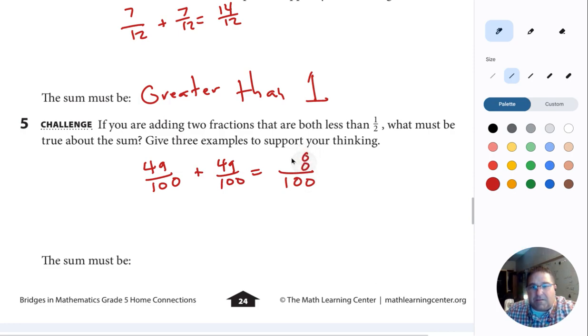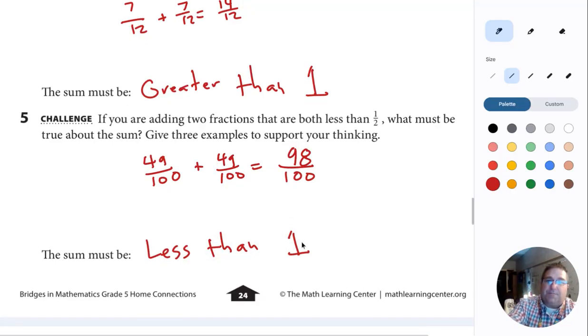Well, that's going to be 98 cents. So the sum must be less than 1. It can't quite be 1 because they're both less than 1. It can be really close, but we know it's going to be less than 1.